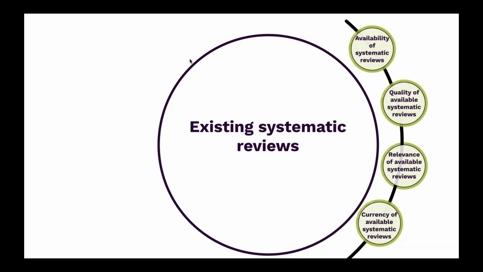The next question you should ask is, is the systematic review that is available out there of good quality? Because even if there are 20 systematic reviews, if none of them is of good quality, that's a criterion for you to go ahead and move forward with prioritizing the topic.